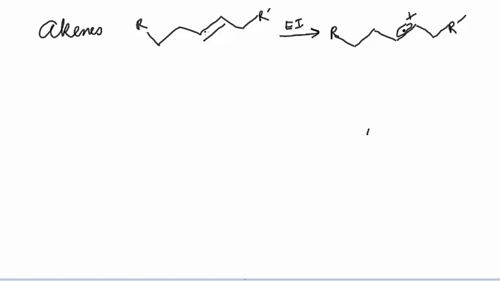A common type of fragmentation that will occur with alkenes is alpha-beta cleavage of the allylic type. Allylic alpha-beta cleavage, we call it. We saw an example of that in a previous class. So let's see.